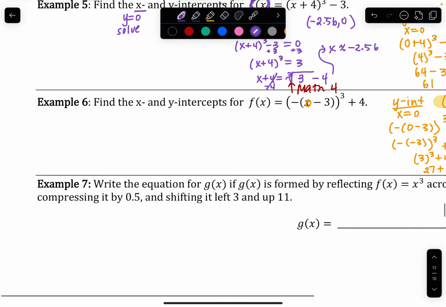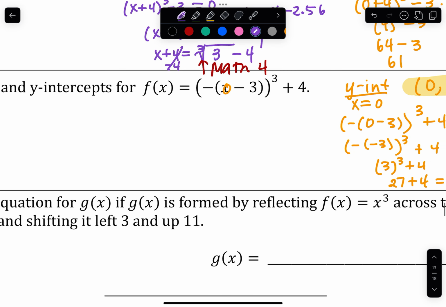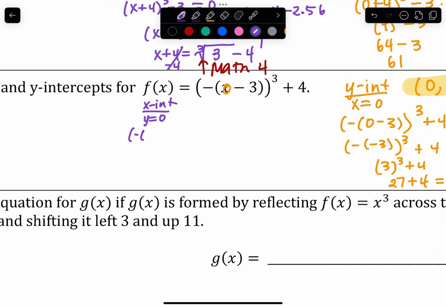Okay, and so we're gonna do the same thing for example 6. Plugging in 0 for y, that means we set the entire function equal to 0. So first step would be to subtract the 4. And then now we're ready to cube root both sides.